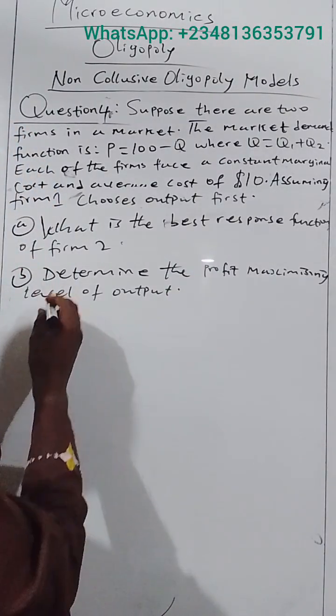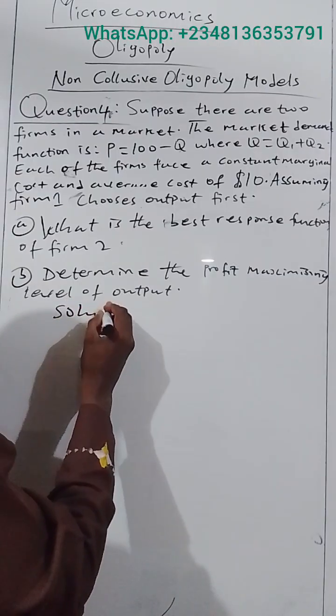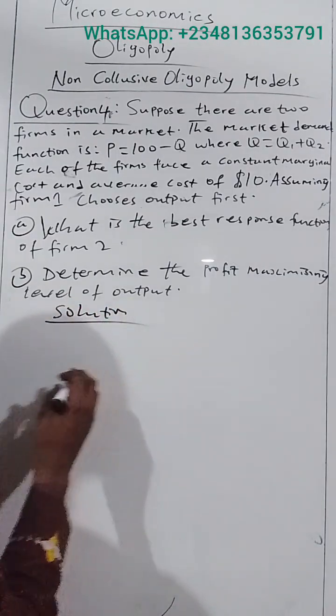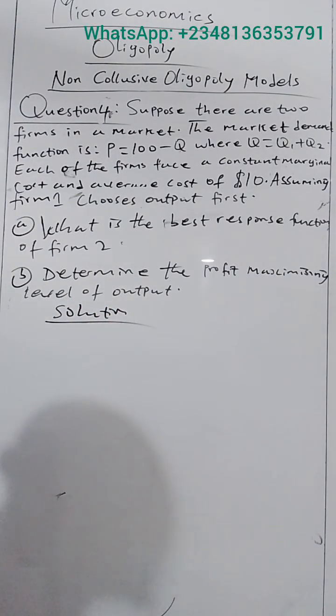Okay, now we have the solution here. If firm 1 moves first, that means firm 1 is the leader while firm 2 is the follower in this market. So now we determine the best response function of the follower.